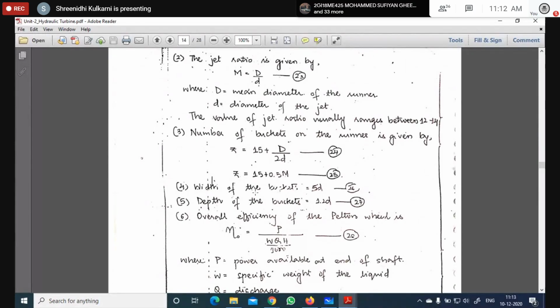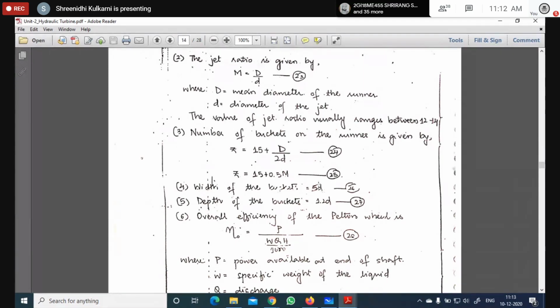Width of the buckets. It is given by 5 into small d. What is small d? Diameter of the jet. So the width of the bucket is 5 times the diameter of the jet.